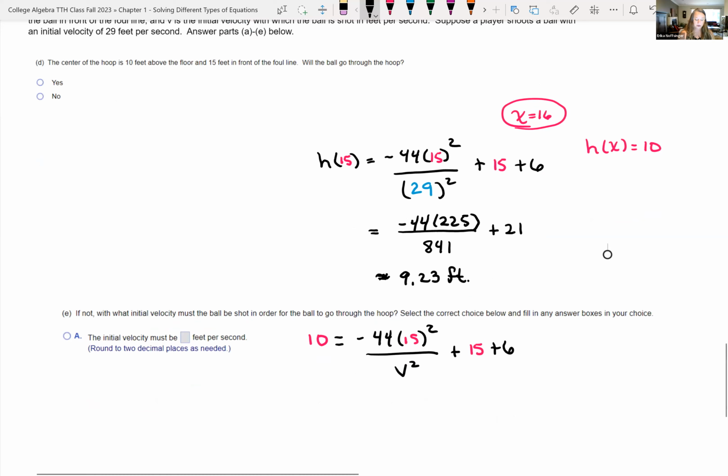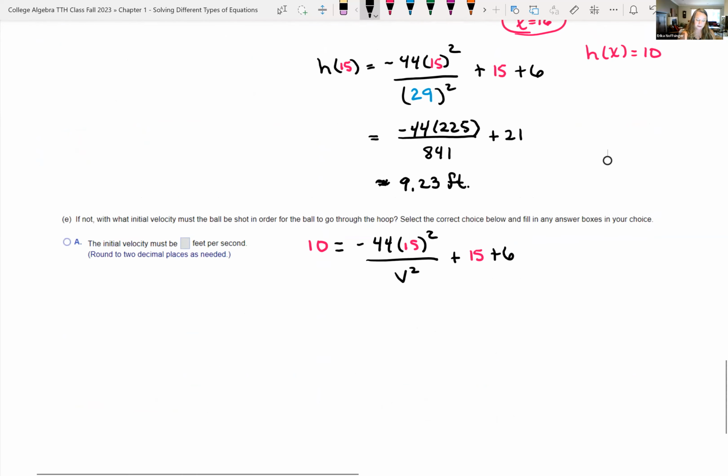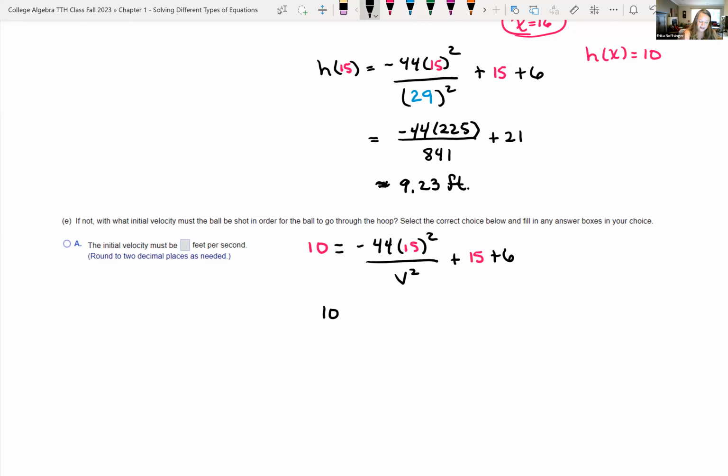So let's go through and solve this equation. So let's simplify. And so we have 10 is equal to negative 44 times 15 squared, or negative 44 times 225. This gives us negative 9,900 all over V squared plus 21.